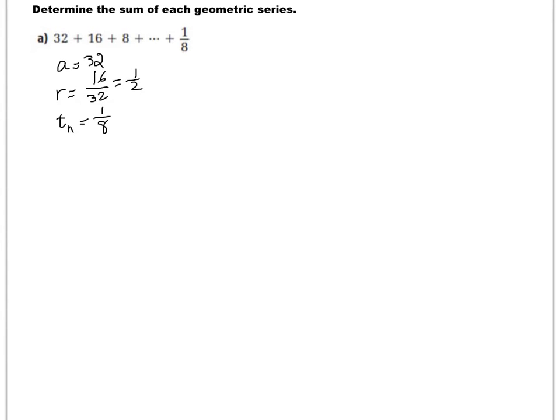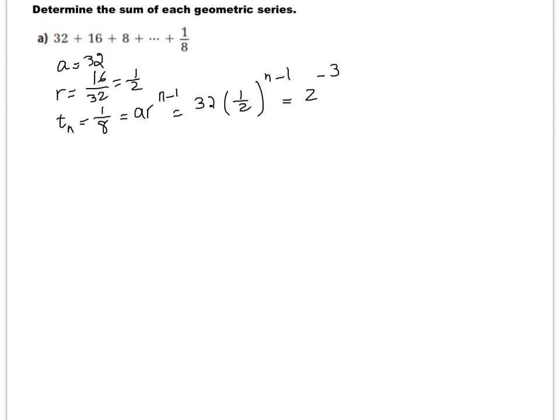But we need the number of terms. So we use the formula that T sub n is equal to a times r exponent n minus 1. Since a is 32 and r is 1 over 2, we have 1 over 2 exponent n minus 1, and we have to solve this equation. Now 1 over 8 can be written as 2 exponent negative 3.